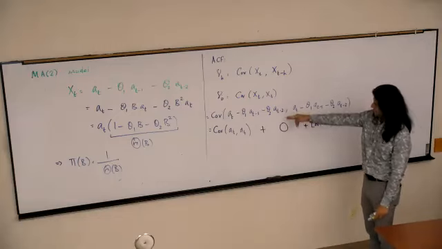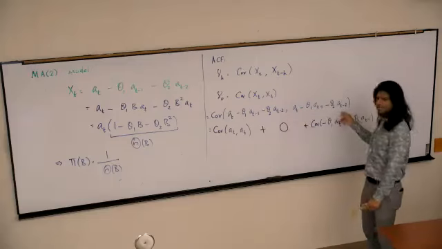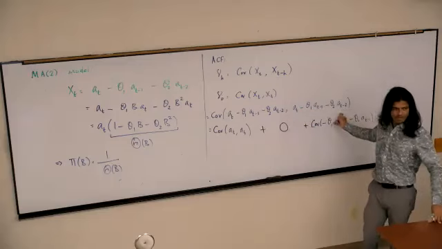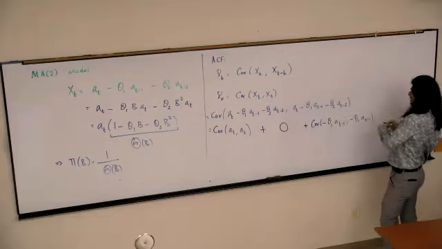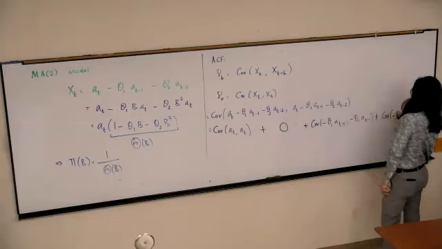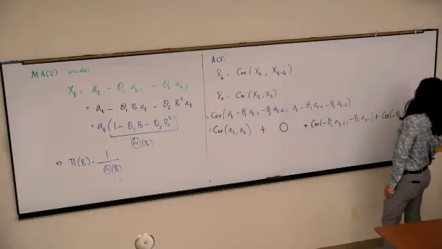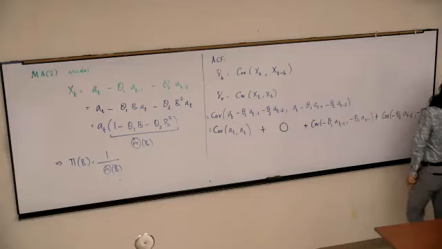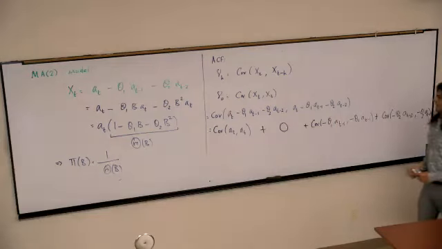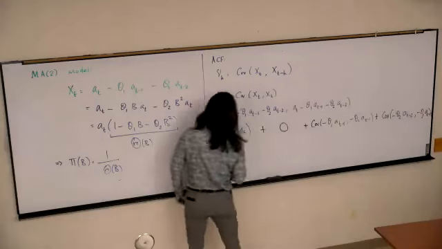What about a sub t minus 2 and a sub t minus 2? Would they be correlated? Yes. So that term will survive: negative theta 2 a sub t minus 2, comma, negative theta 2 a sub t minus 2. That is sigma squared A.